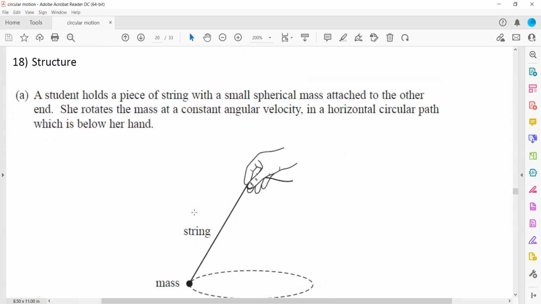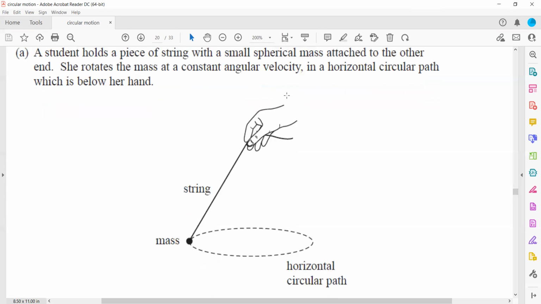So in question 18, first part A, the student holds a piece of string with a small spherical mass attached to the other end. He rotates the mass at a constant angular velocity in a horizontal circular path. So what will happen?